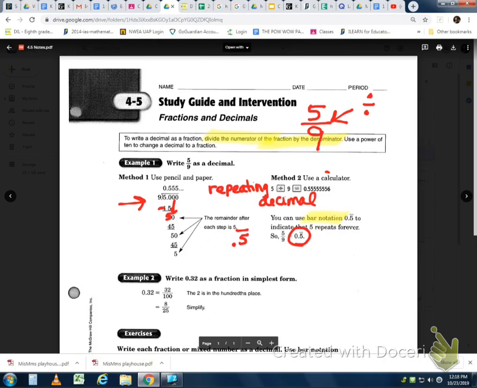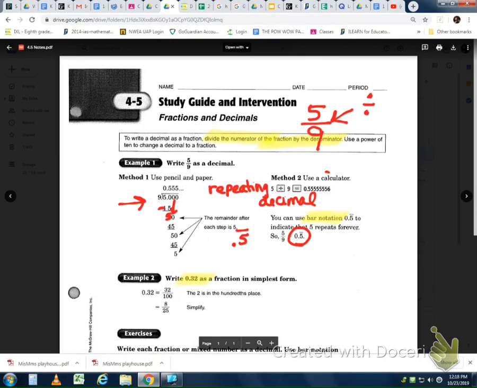Second, we're going to take decimals and write them as fractions in simplest form. When I see 0.32, I usually say 0.32, but if I read that correctly without saying point, what is that number? 32. 32 what?